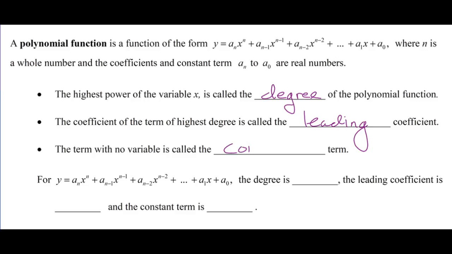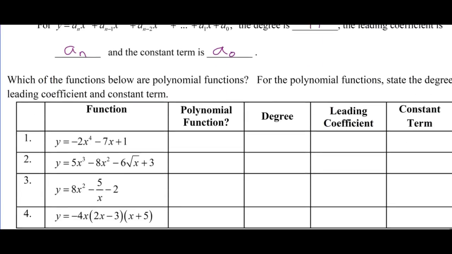Okay, the constant term. For y equals this, the degree is n, the leading coefficient is a sub n, and the constant term is a sub 0. Okay, so we just say it's subscripted.